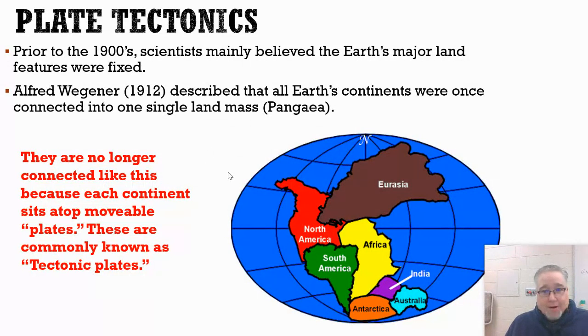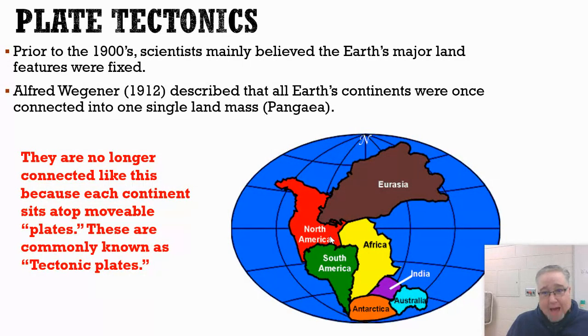And Alfred Wegener was a scientist, and he studied the Earth's processes, and he kind of understood that the continents of the planet at one time were all much closer together. And it didn't really take a genius to figure this out. If you just kind of look at the shape of the continents and how they kind of fit together like little puzzle pieces. But he was the first guy really to come up with that notion, that idea.